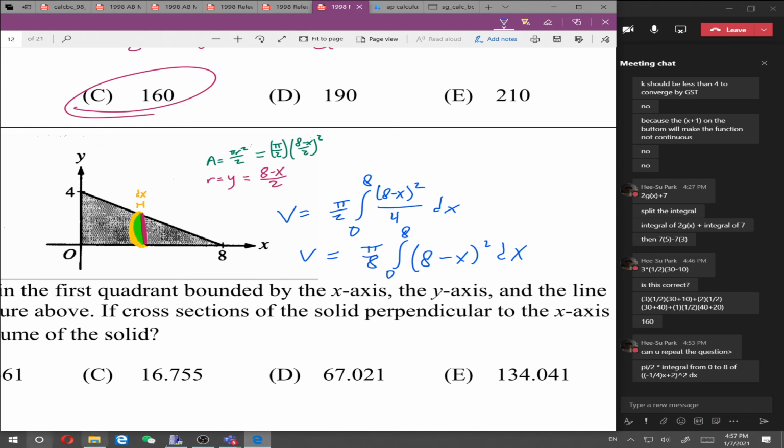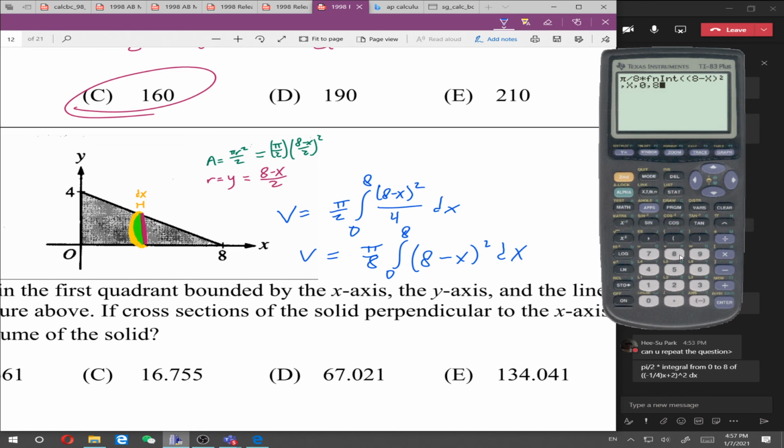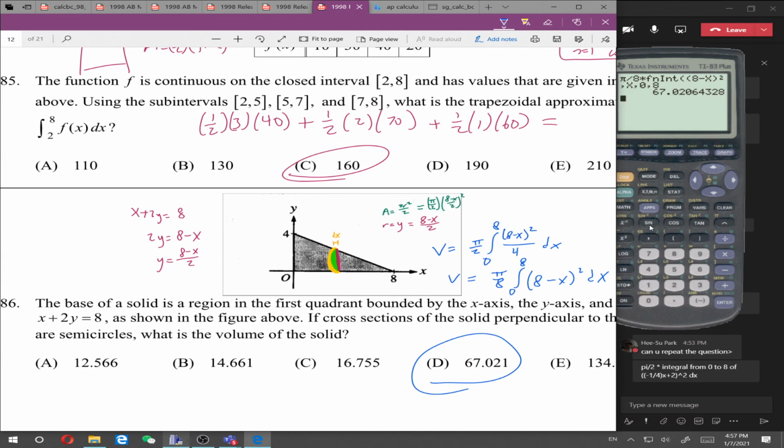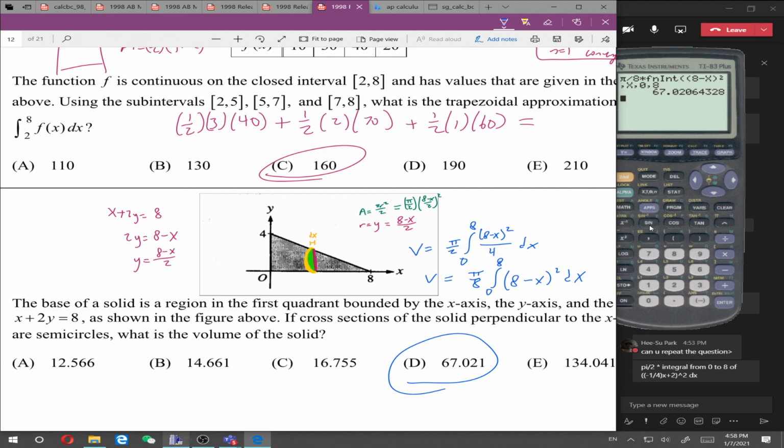Okay, so I'm going to go ahead and plug this in. Pi over 8 times the integral from 0 to 8 of 8 minus x squared in terms of x is 67.02. Okay, I don't match, so I've got to figure out what we did wrong.